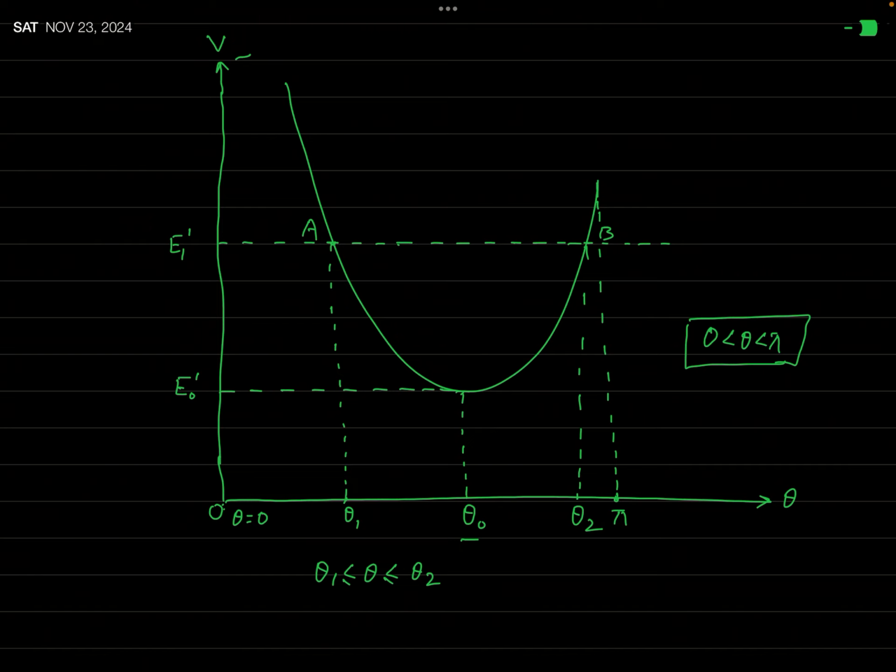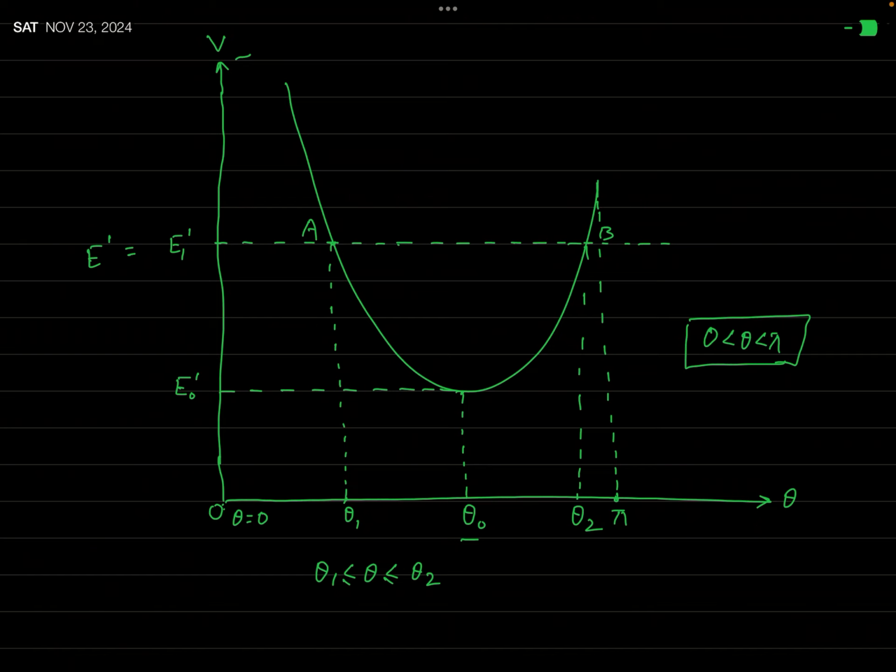Now you can see that we must have at least a minimum in the energy diagram for some value of theta naught. This is actually the point of minima. For any energy value, let us say E1 dashed, that is E dashed equal to E1 dashed, you can see there are two values of theta. A line, this dotted line, has been taken corresponding to E equal to E1 dashed.